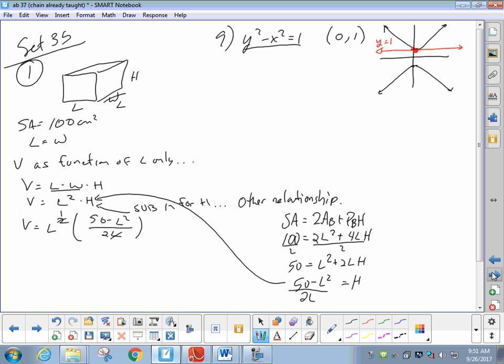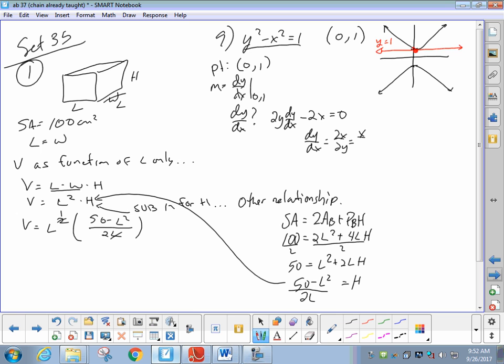So if I have a tangent line, I need a point, which is (0, 1), and a slope, which is the derivative at (0, 1). So let's find the derivative. If I implicitly differentiate, the derivative of y squared is 2y dy/dx, minus the derivative of x squared, which is 2x, equals 0. So dy/dx is 2x over 2y, or x over y.